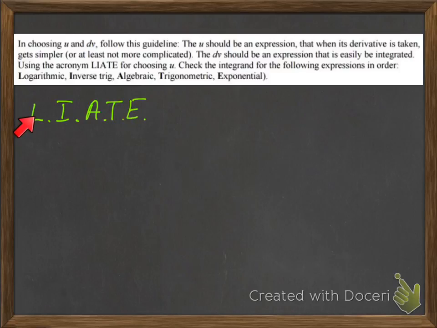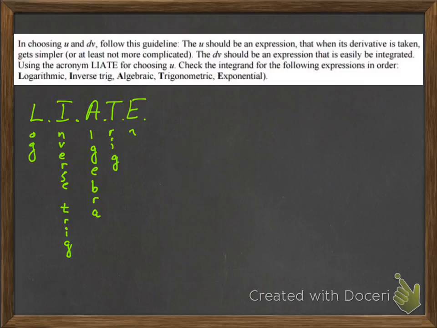L stands for logarithms. I is going to be inverse trig. A is going to be algebra, for example if you just have x or x squared or some polynomial. T is going to be trig.